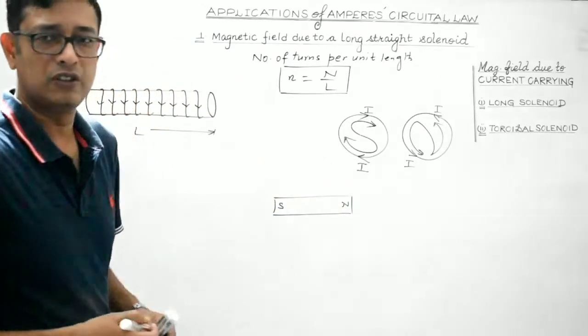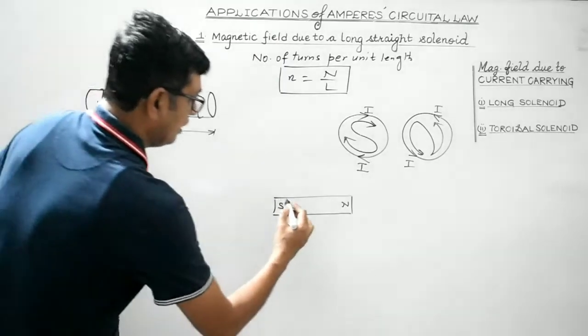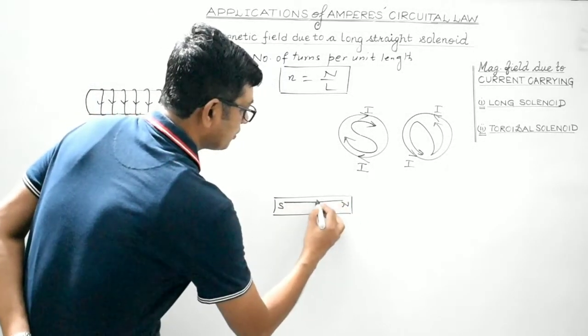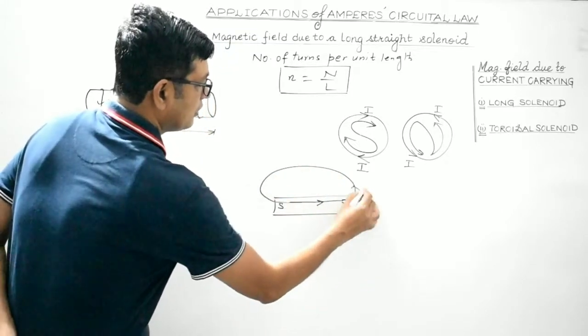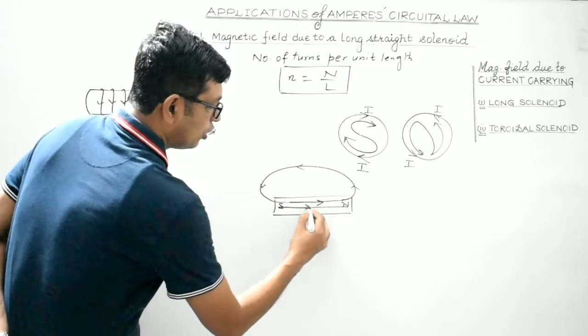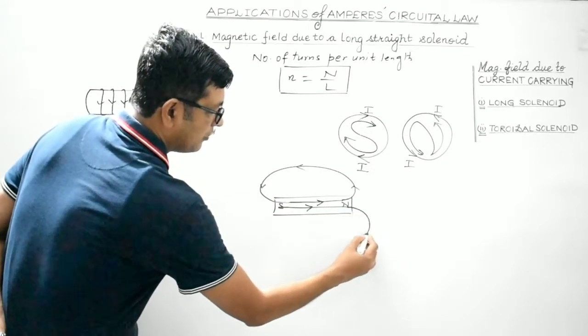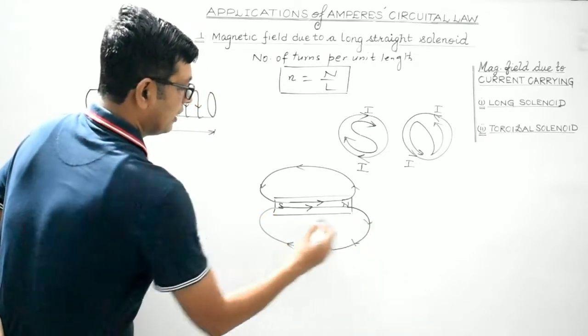These are the two poles where the magnetic force of attraction is maximum. Inside, the field lines are from south to north. Outside, they are from north to south. These are the field lines.